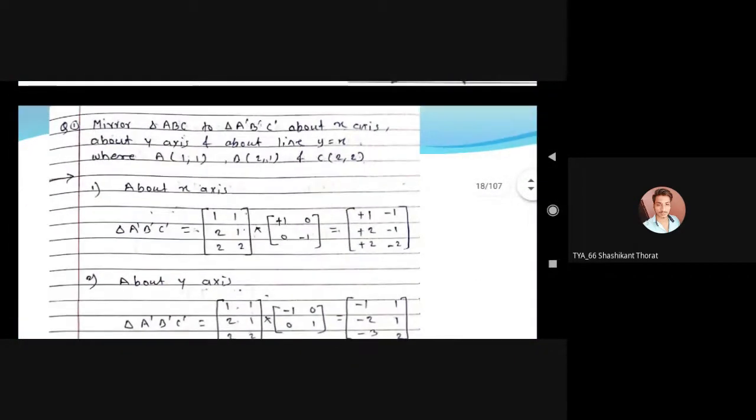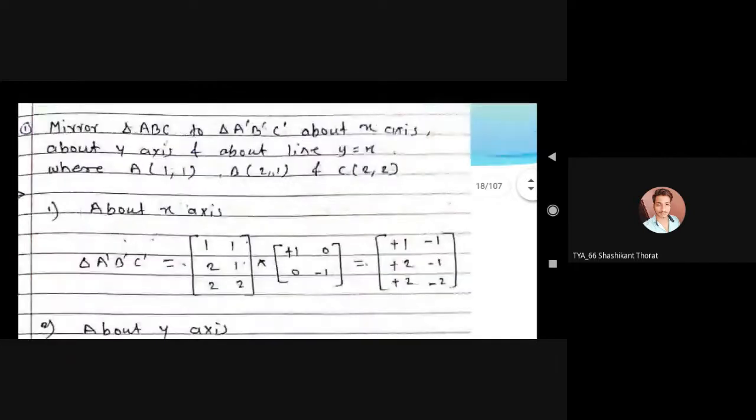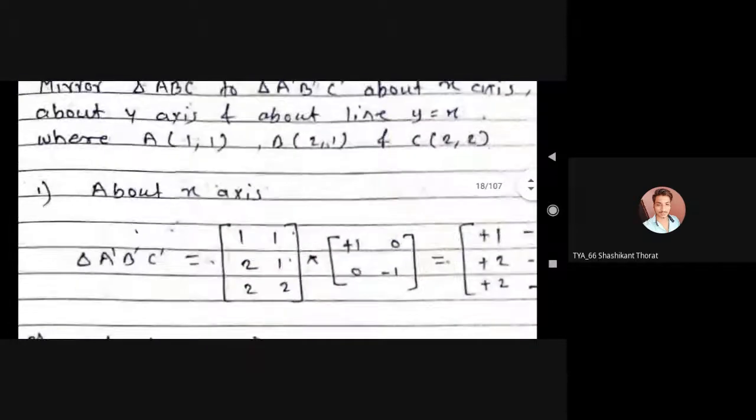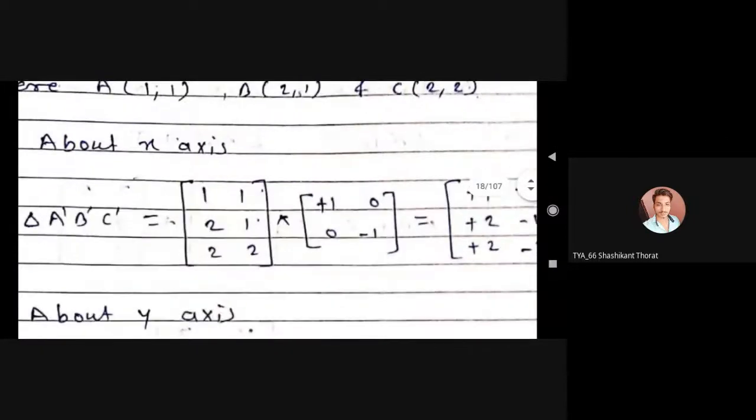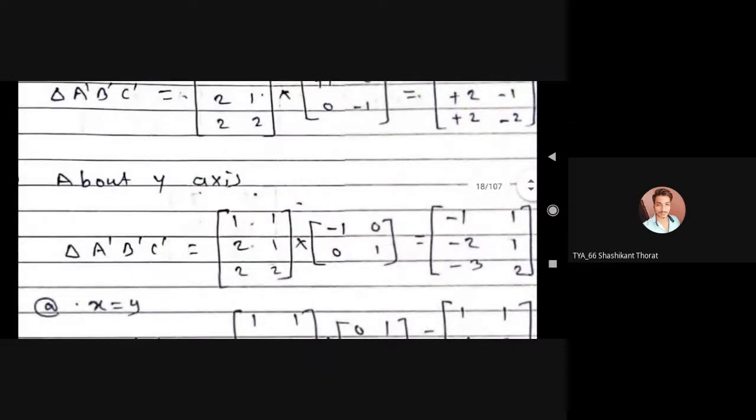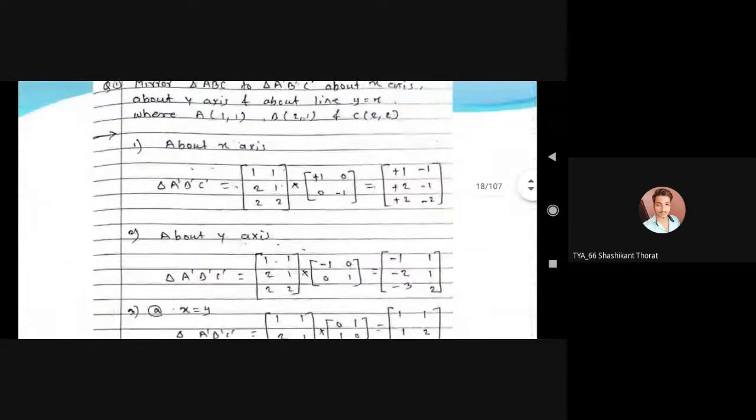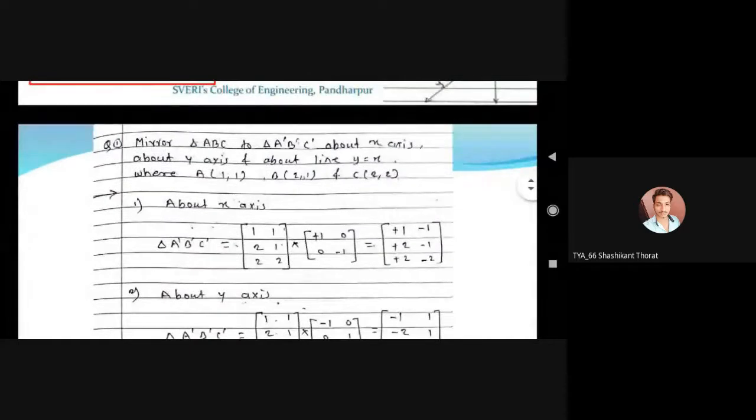This is the given problem, a triangle with locations A 3 1, B 1 2, C 1 2. Write down in matrix format the triangle ABC into the transformation matrix. About the x-axis it is 1 0 0 -1, and about the y-axis it is -1 0 0 1. We have to remember all those transformation matrices.